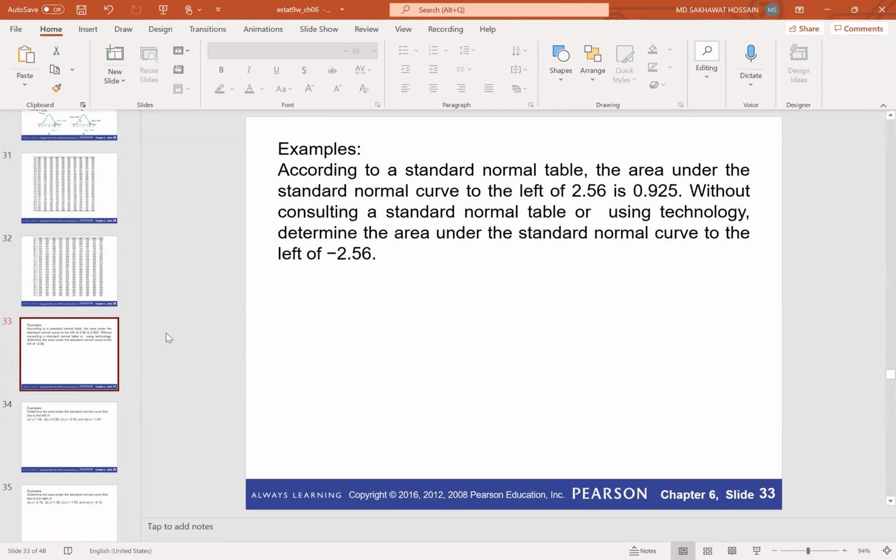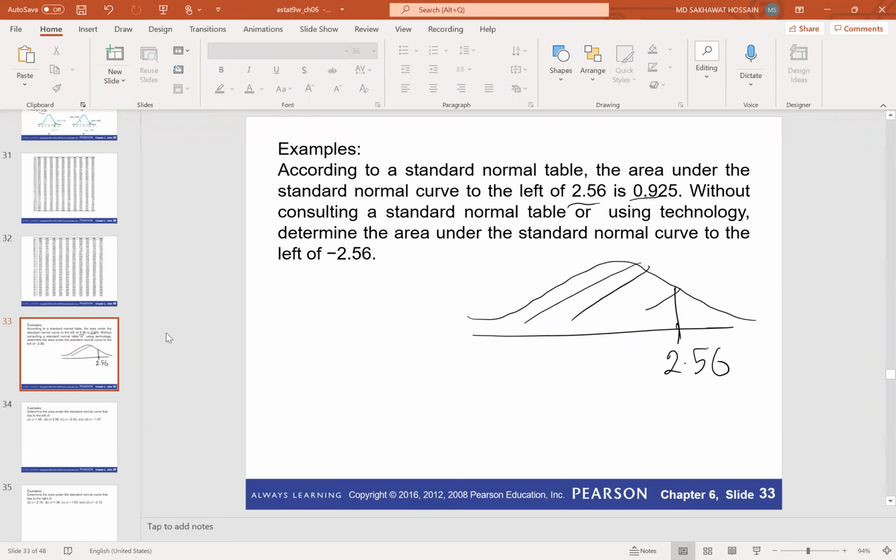Okay, let's go over an example where we'll be using the Z table to find the probability. According to a standard normal table, the area under the standard normal curve to the left of 2.56 is 0.925. So from the table, we found that the area to the left of this number is 0.925.